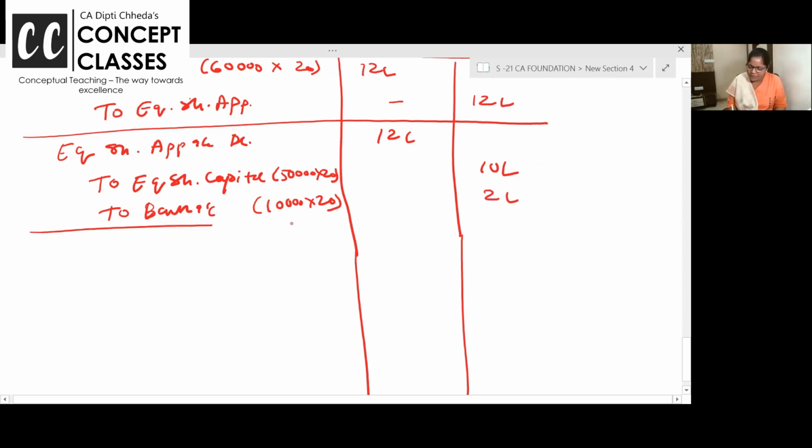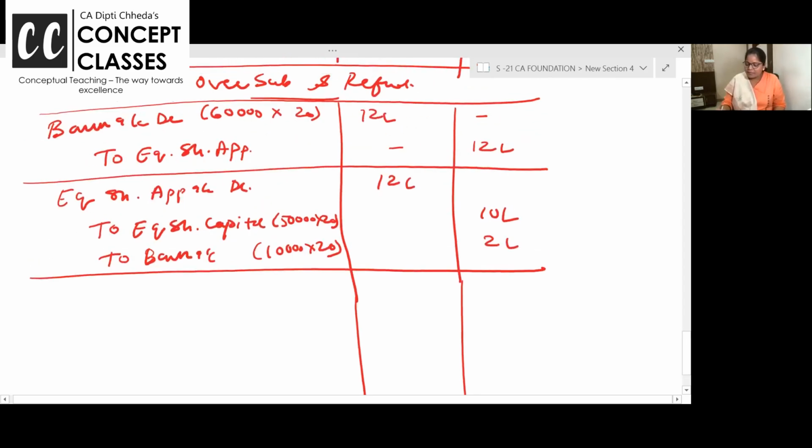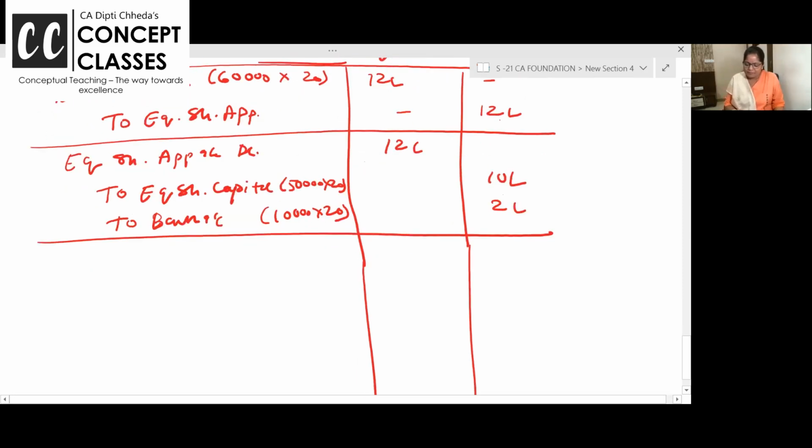How is this entry? Applications are received 12 lakh, but allotment is only for 50,000 shares. The remaining I could adjust in allotment, but they didn't say anything. They said refund. So do it. 50,000 shares into 20, the remaining 10,000 maybe some other applicant. Give them their money back.